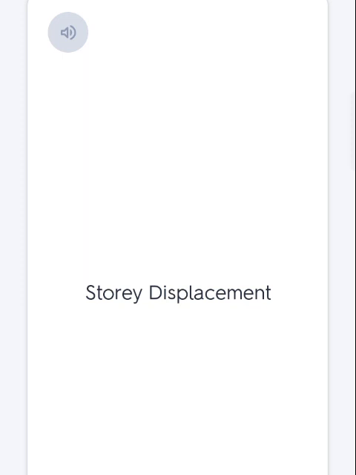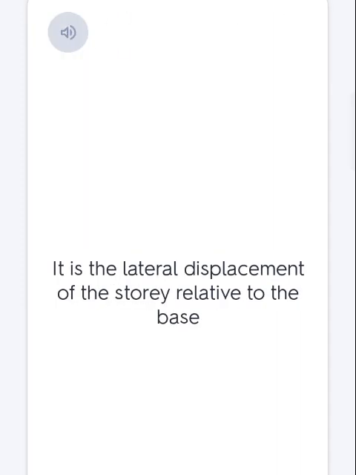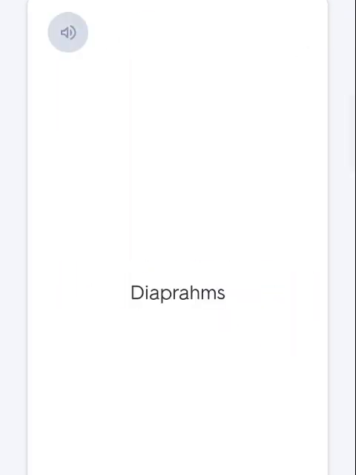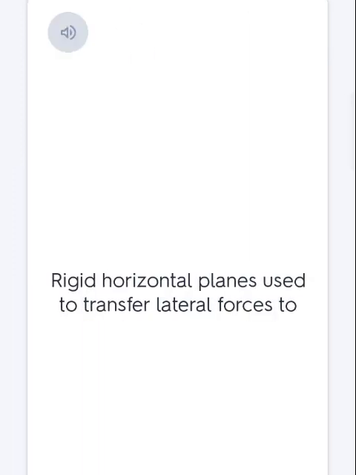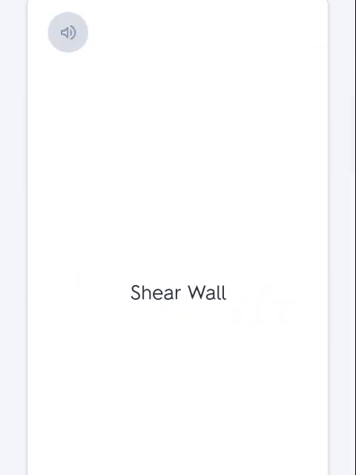Story displacement. It is the lateral displacement of a story relative to the base. Diaphragms. Rigid horizontal planes used to transfer lateral forces to vertical elements. Shear wall.